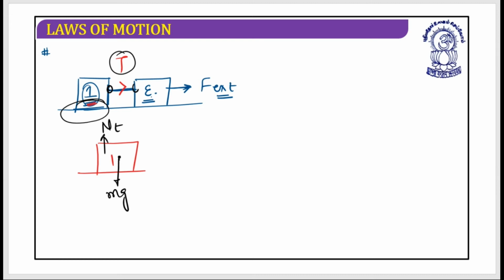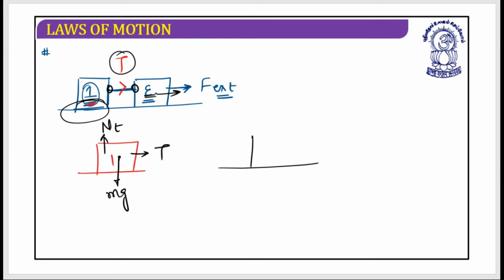Because I know that these two wagons are connected by a string, and when the engine is going to move in the positive x direction, the string will be in stretched condition. So tension would be acting in this direction, and it is always the case that tension force is acted away from the system. Please remember this.